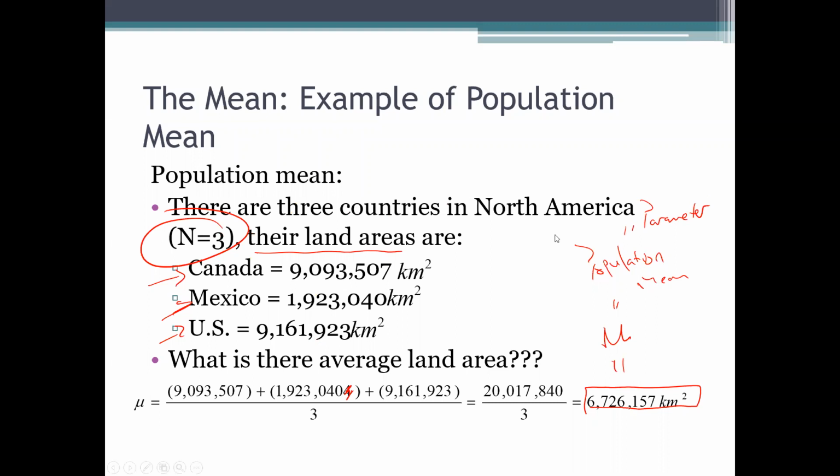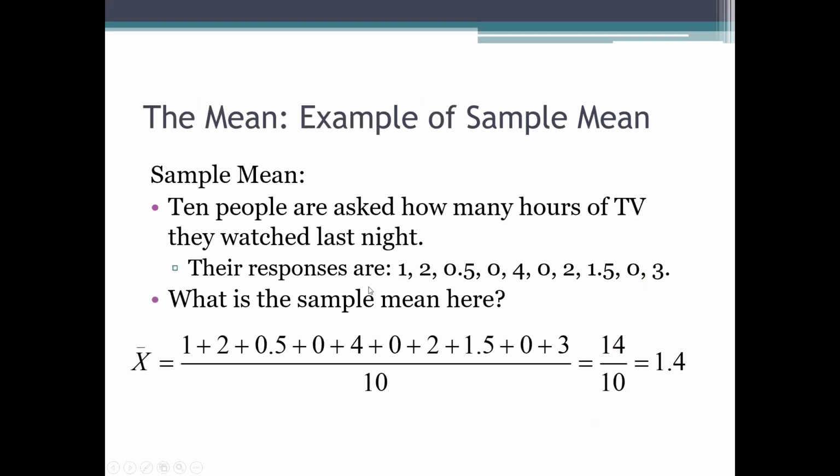Here's an example of a sample mean. Suppose 10 people are asked how many hours of TV they watched last night. Here are the responses in hours: 1 hour, 2 hours, half an hour, 0 hours, 4 hours, and so on. What is the sample mean? Well, this is obviously just a sample, where n is equal to 10.